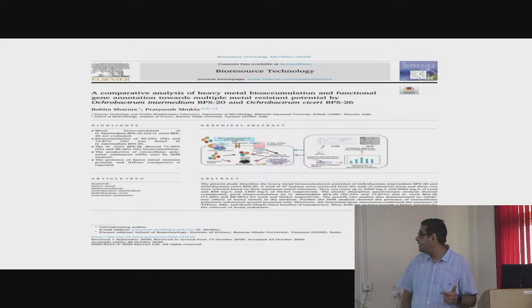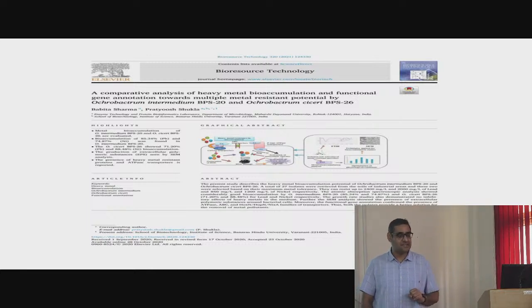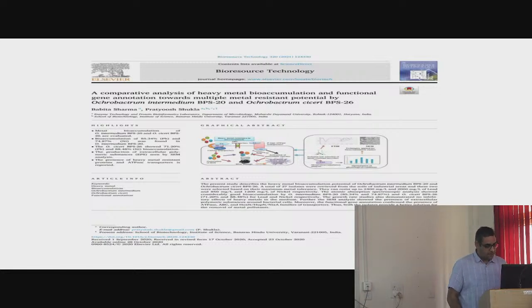So BPS9, 26 and 20 are isolated from natural environments, and they have been proved to have very good potential for bioremediation. I could not show you, but they also have genes for ARG, antibiotic resistance genes. They can also degrade antibiotics, but we have not explored it yet. So we have the potential. These strengths are with us, and hopefully some will come.